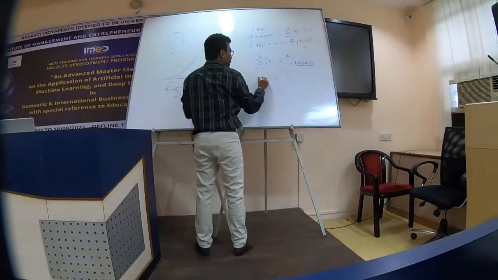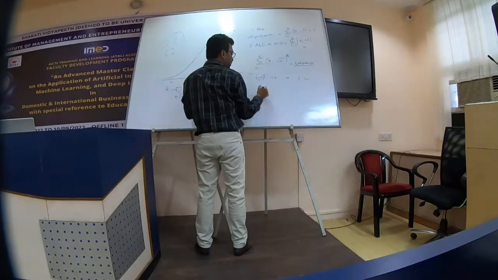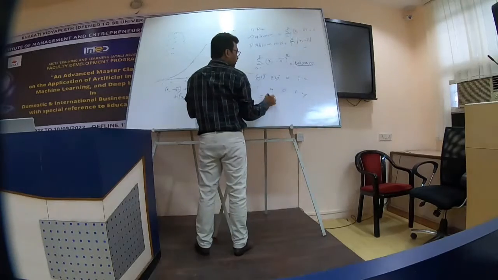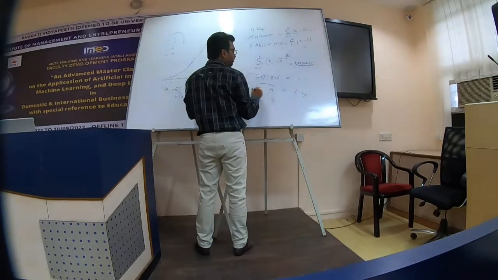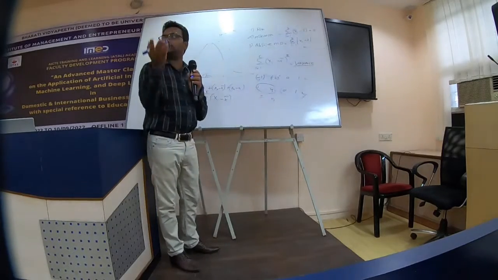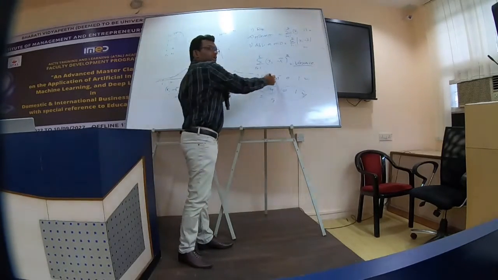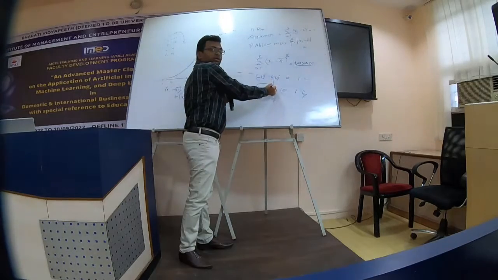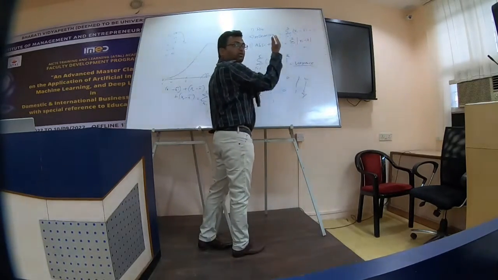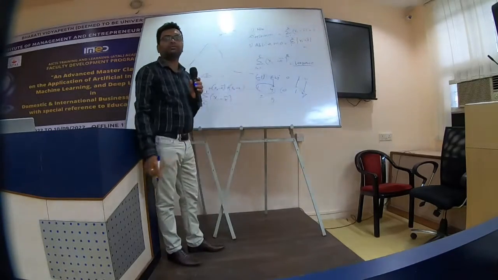If I square: 1, 1, 2 square is 4, 0, 1, 4, and total I am getting 9. My values are rising. Your values are increasing, right? Your original value is minus 2, but you are converting it to 4. Original value is 2, you are converting it to 4. You are increasing your values.